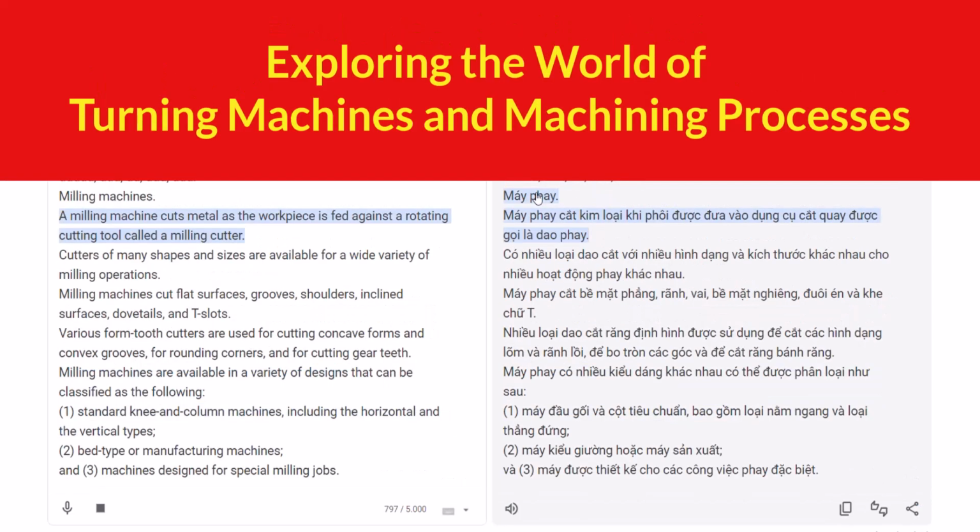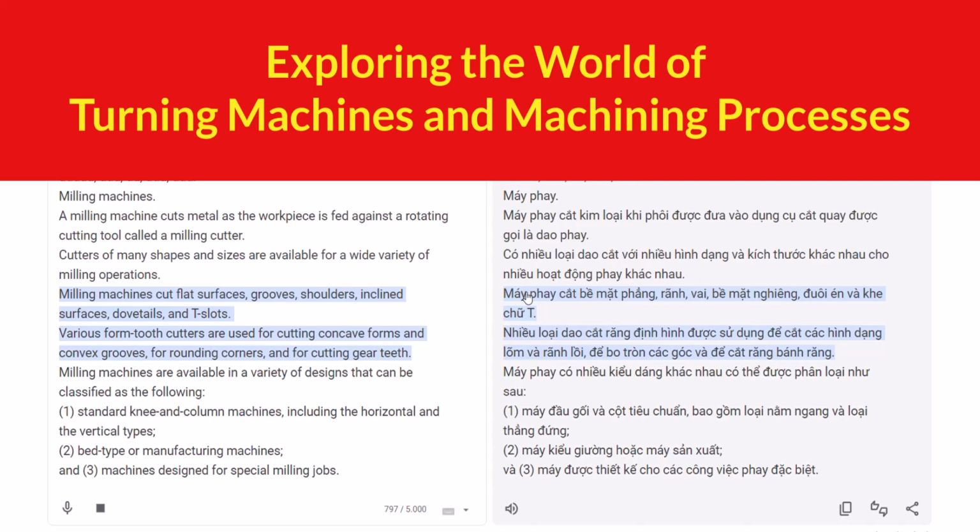Milling machines. A milling machine cuts metal as the workpiece is fed against a rotating cutting tool called a milling cutter. Cutters of many shapes and sizes are available for a wide variety of milling operations.